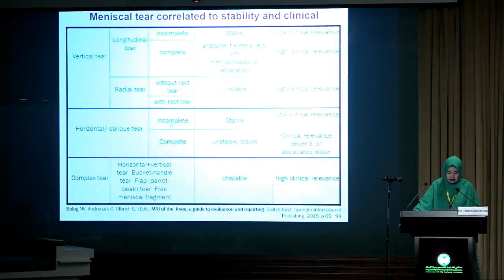This table shows almost complete meniscal tear with each type, and the complex tear is an almost unstable condition with high clinical prevalence that frequently requires surgical treatment.